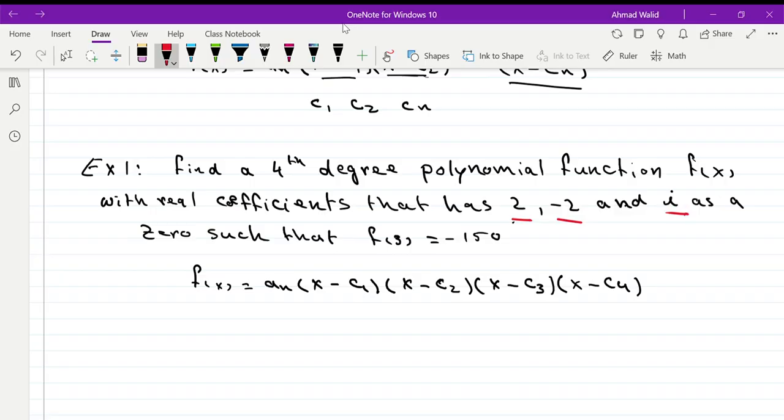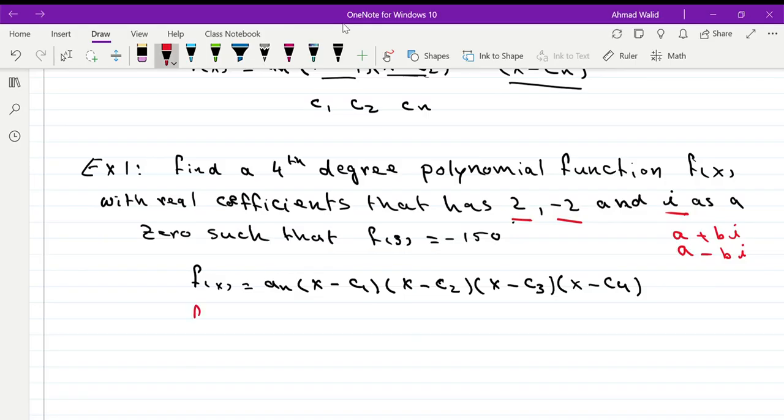And I told you if you have a plus bi, definitely you have also a minus bi. If you have a complex zero, then you have to take also its conjugate. Correct?